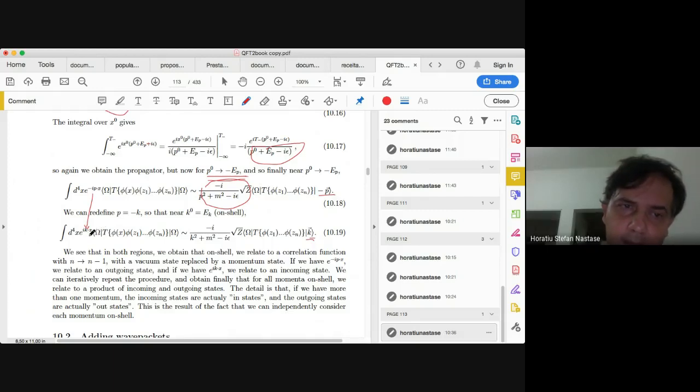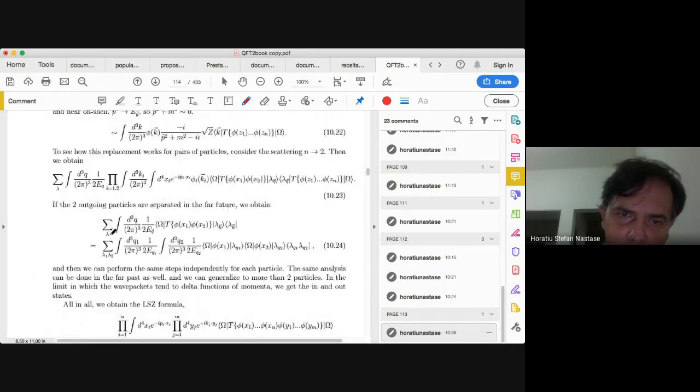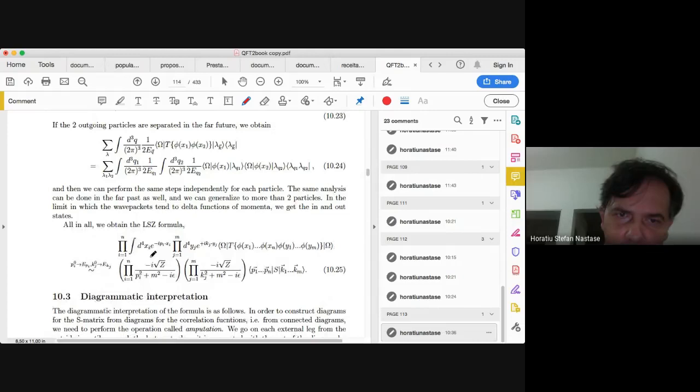So then finally we get the LSZ formula, which I guess I've probably not. No, okay, I wrote it a little bit later. It's written here.